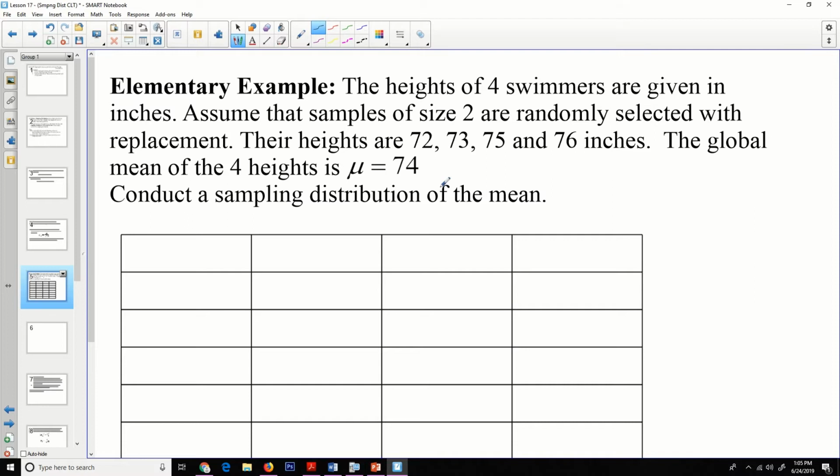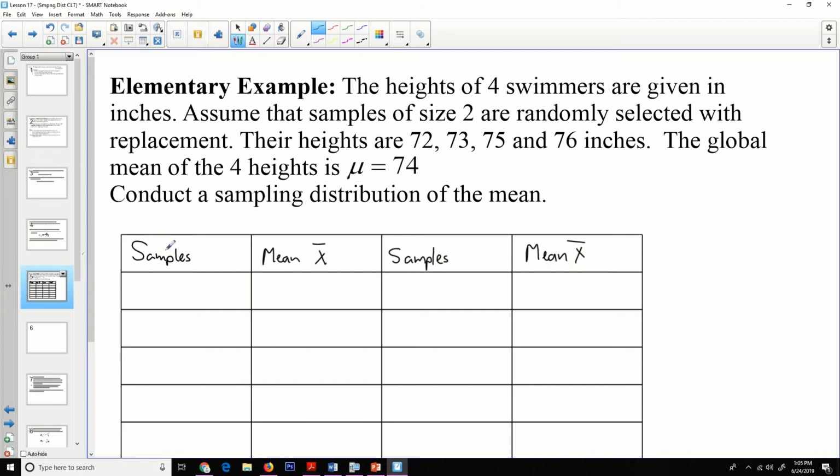So we're going to conduct a sampling distribution of the mean. The first thing we want to do is talk about our samples and the mean of those samples, x bar. There are a lot of samples, as you'll see, so there'll be a lot of x bars.